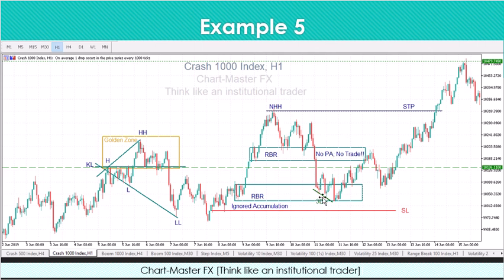So guys, you can see that as the price approached this decision point, which is our demand, the price actually approached it in the form of a 3 drive. There was a 3 drive here. So once you see the 3 drive here, you buy here, then you put your stop loss just below here, and your safest take profit on the new higher high.